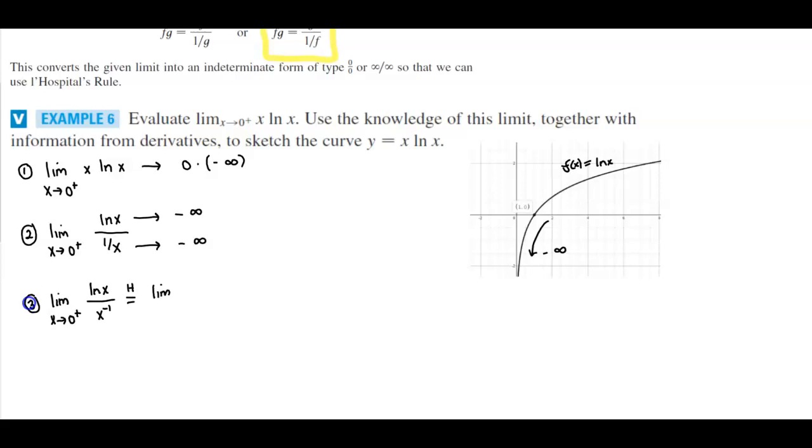So we're going to take the derivative of the numerator and the derivative of the denominator. The derivative of the natural log of x is 1 over x. And the derivative of x to the negative 1 is negative 1 times x to the negative 2.